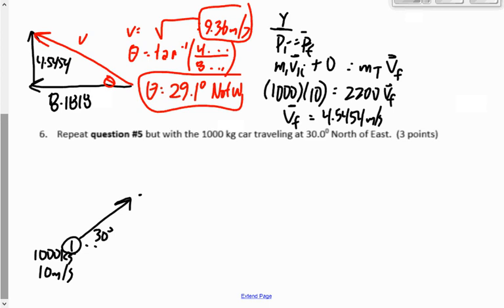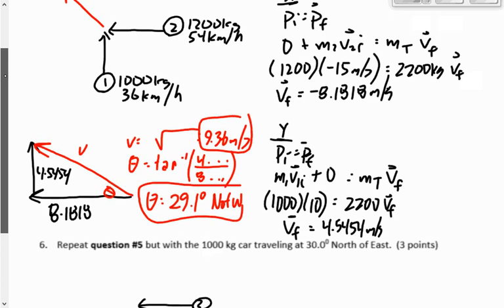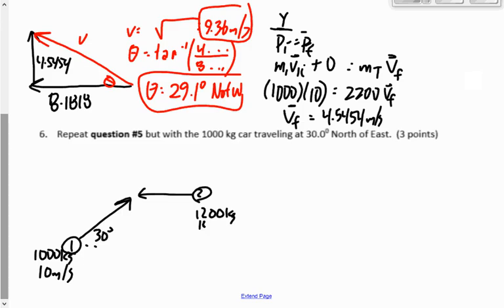Car number 2 is still going to the west. Its mass is still 1,200 kilograms, and its velocity is still 15 meters per second. I'm going to predict that this wreckage is going to go up here somewhere, but if I predict wrong, it's not a big deal. The math will tell me that I was wrong.